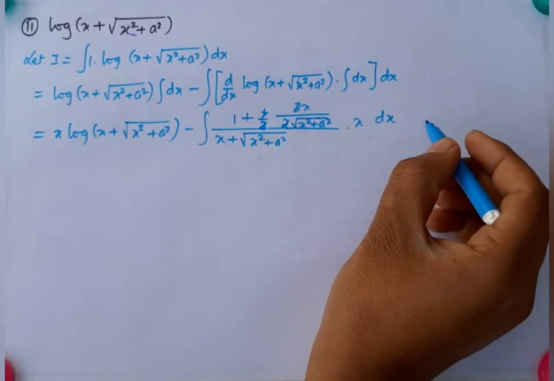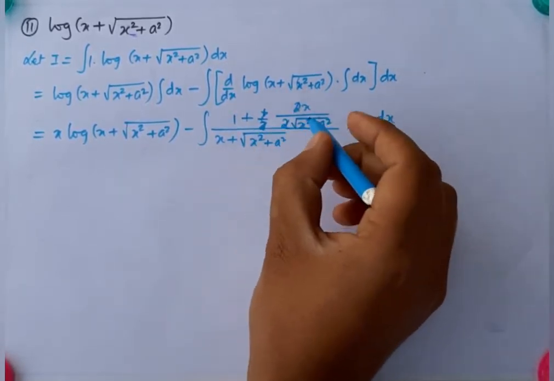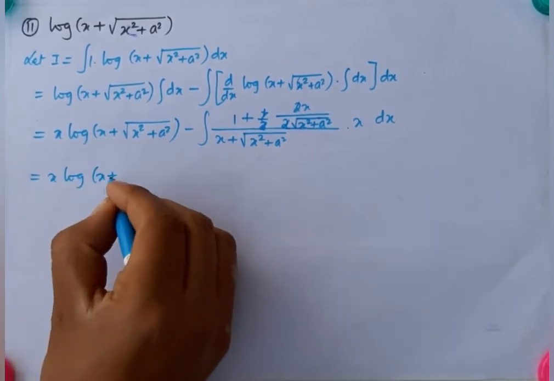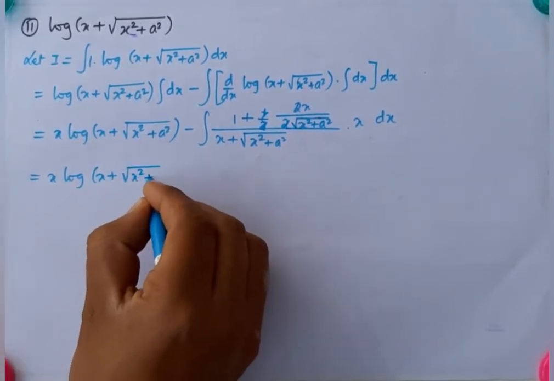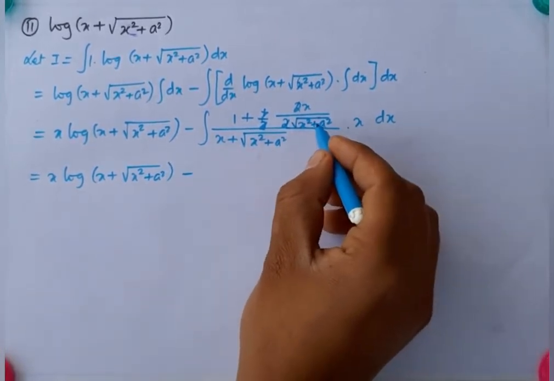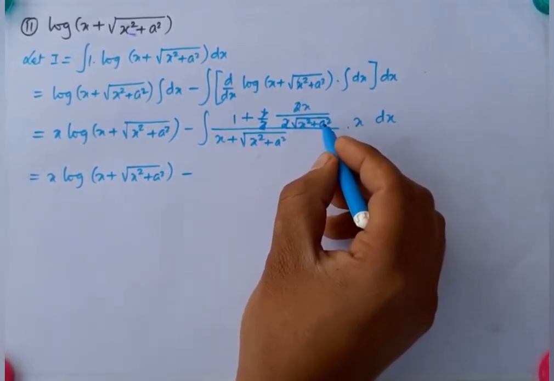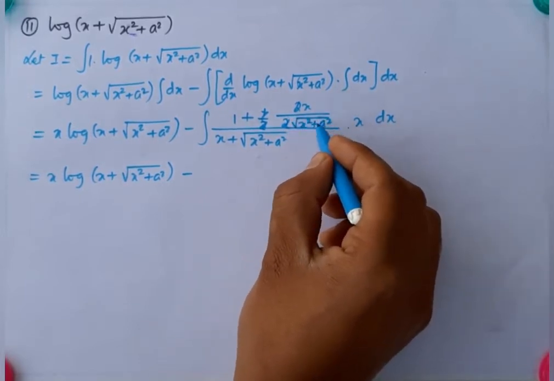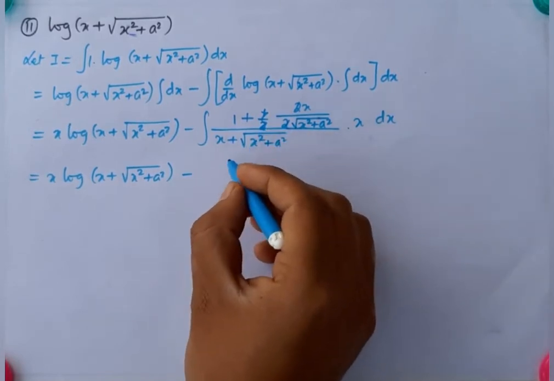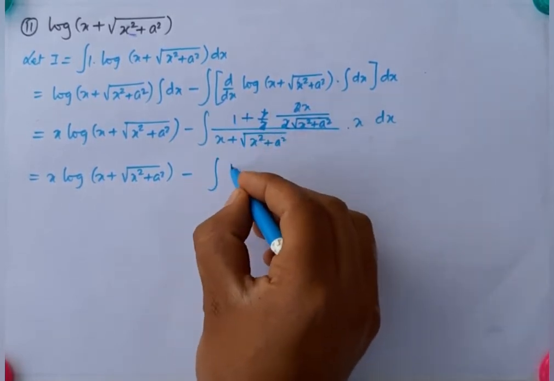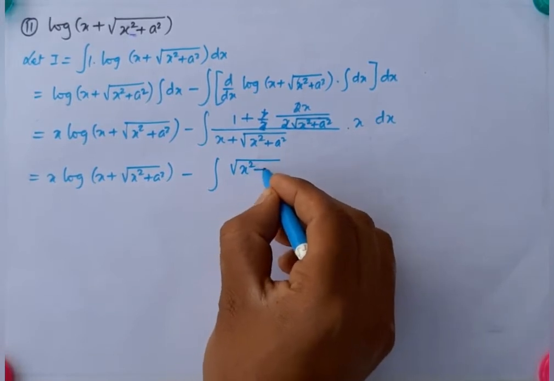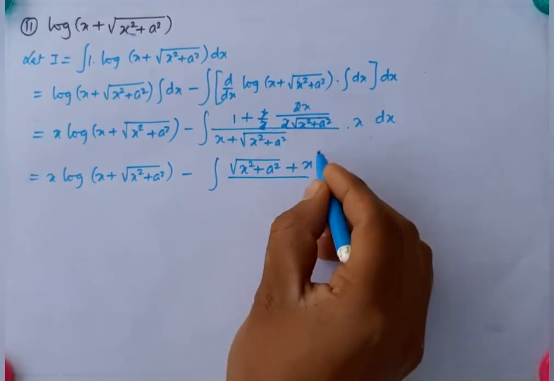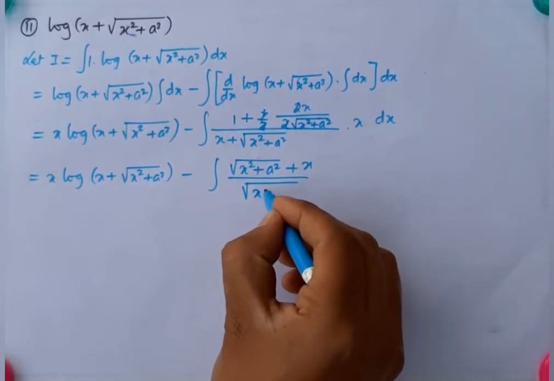Now we have dx also. Be careful with this calculation. So we have x log of x plus square root of x square plus a square. Okay, so let's simplify this. Now if you see here carefully, this is just x by square root of x square plus a square. So when you simplify this, this becomes x square plus a square plus x divided by square root of x square plus a square.